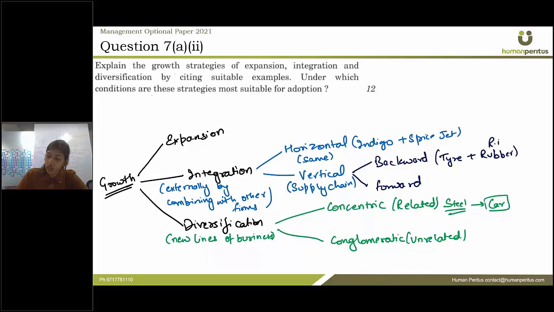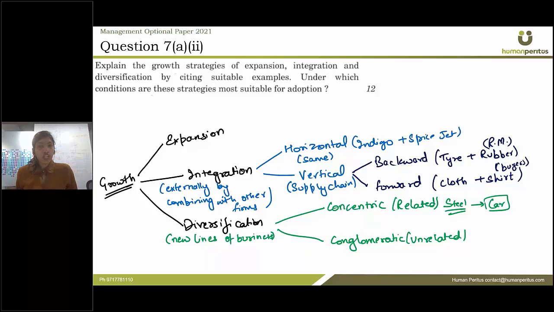Forward is, let's say there is a cloth manufacturing company and it acquires a shirt manufacturing company. So that means we are moving forward in the supply chain. So we are acquiring or integrating with our buyers. So that is vertical forward integration and backward integration.